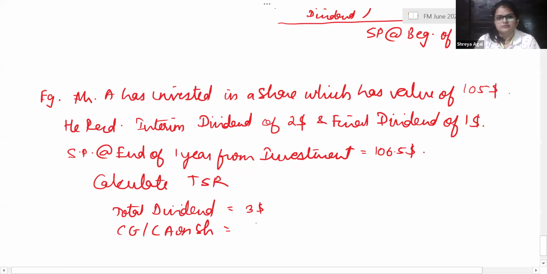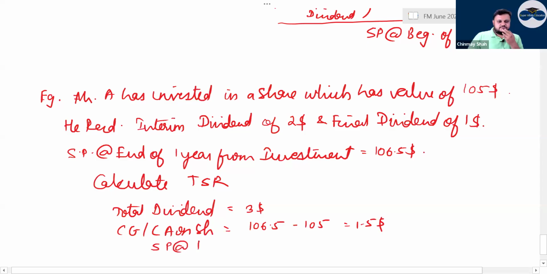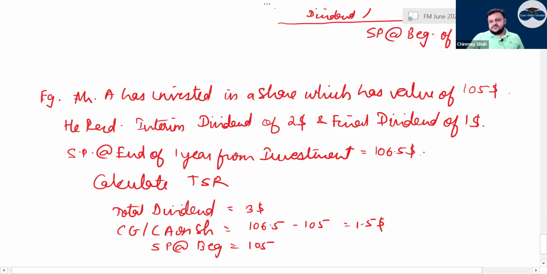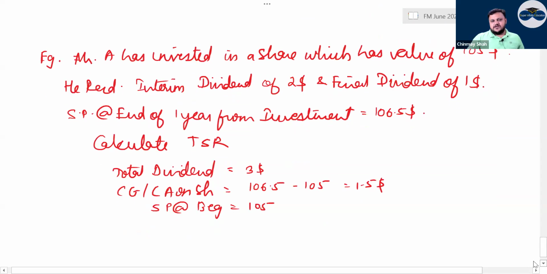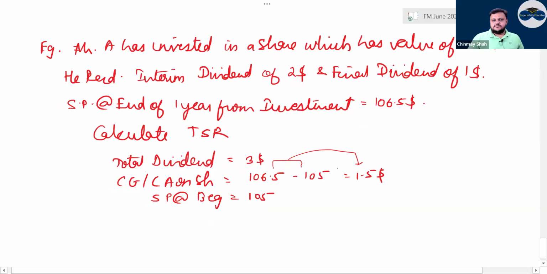How did you find that? 106.5 minus 105. That is $1.5. And what is the share price at beginning? 105. Arati, are you understanding this or is there any lag? Okay.